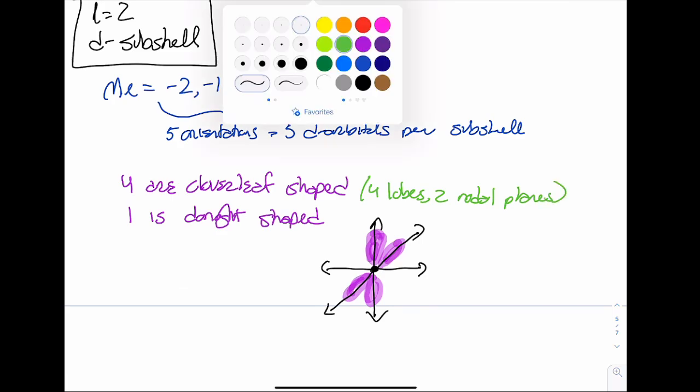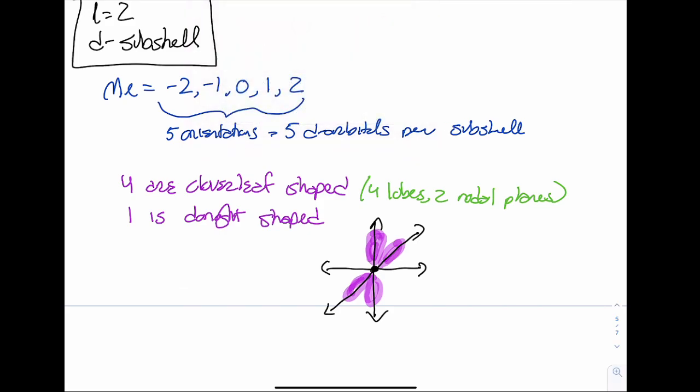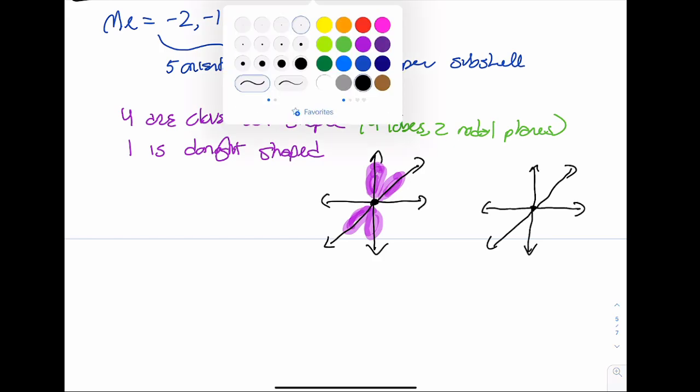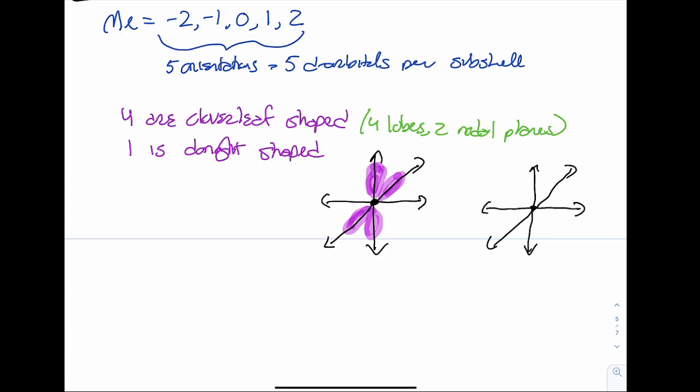And then the donut shape, 1. It looks to me like a p orbital wearing an inner tube around the middle. So the p orbital part, a region of space here, and then a region of space here with that node in the middle.